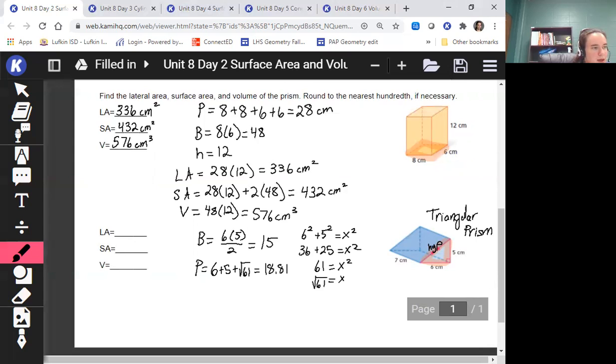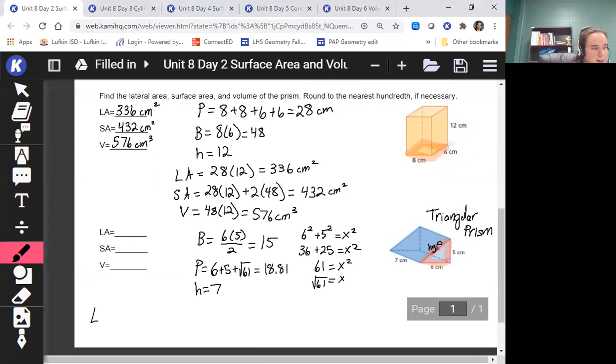Then our height is 7. Now I know some of you are going, that's not our height, it's laying down. It is actually our height because 5 is the height of the triangle, it's not the height of the prism.